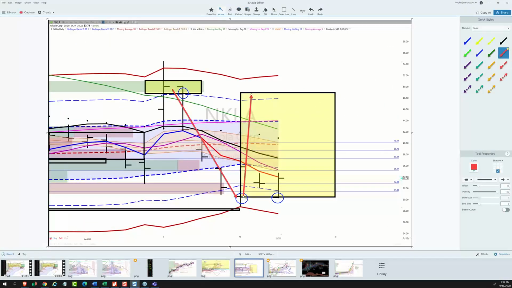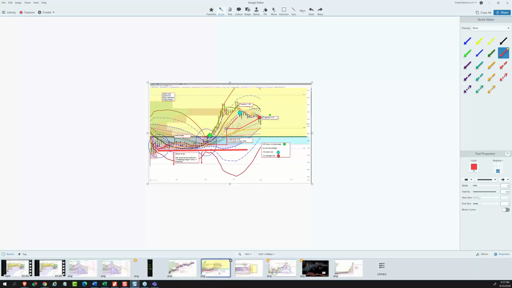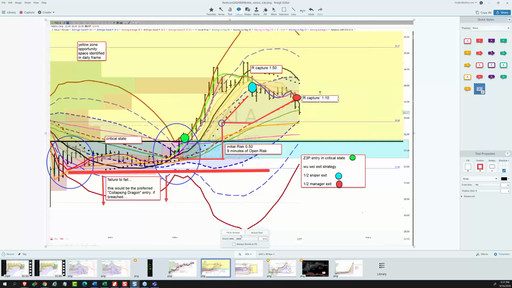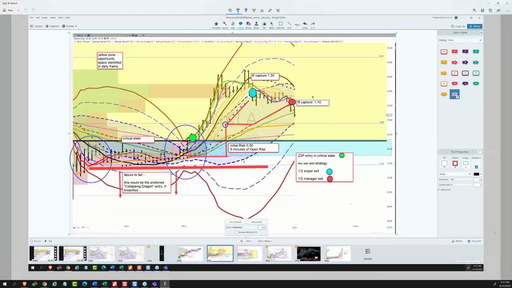So the point I want to make is when it gapped down to the bottom of that yellow box and started to move up, that made it very interesting. So let's zoom in and look at that. Now, that blue circle that you saw on that other thumbnail, where it gapped down, this was the gap down move into this circle.